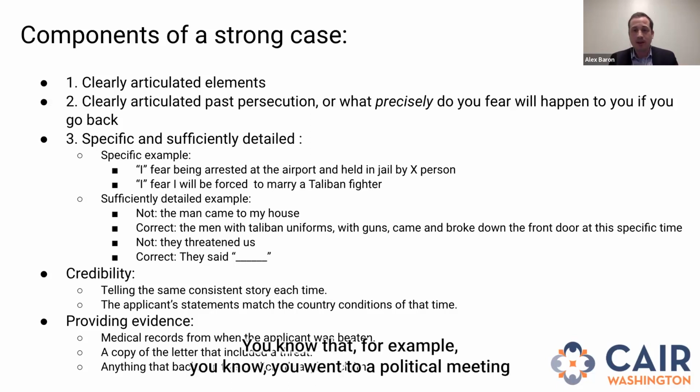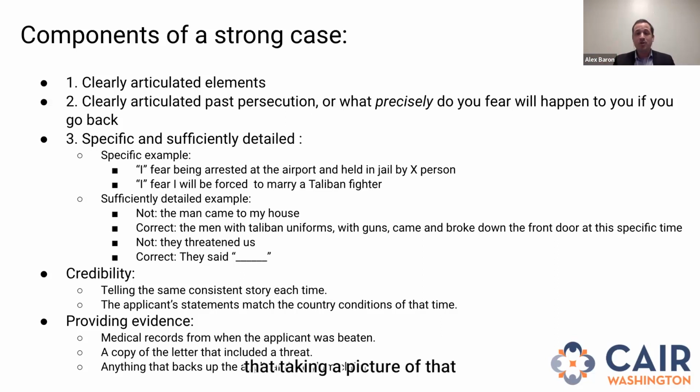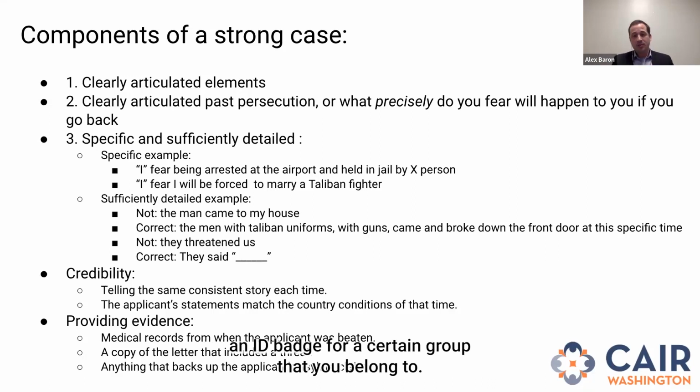If, for example, you went to a political meeting and you happen to still have a copy of the ticket that you had to buy to go to that meeting, taking a picture of that and submitting it with your application, that could be evidence. An ID badge for a certain group that you belong to. So anything at all that can help to back up what you're testifying to needs to be submitted.